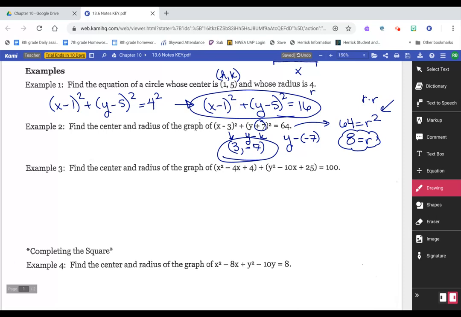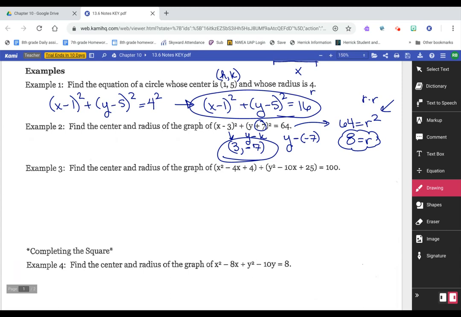Okay, example 3. It states that they want us to find the center and the radius of the graph of x² − 4x + 4 + y² − 10y + 25 = 100. Okay, let's factor these.